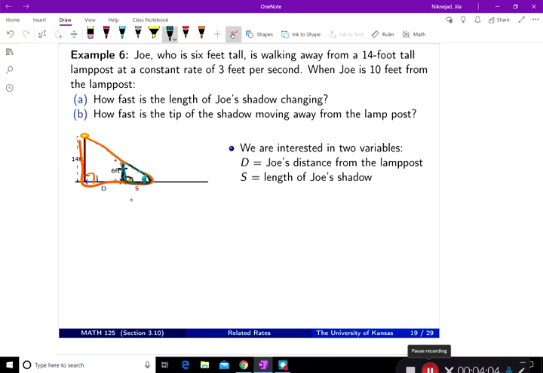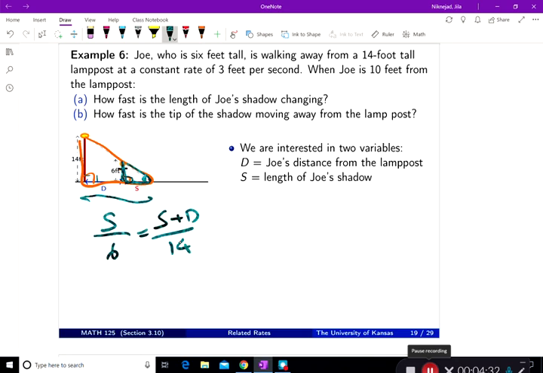The ratio of S over 6 feet is the same as this side to 14 feet. What is this side? This side is S plus D. So I'm writing S over 6 is equal to S plus D over 14.